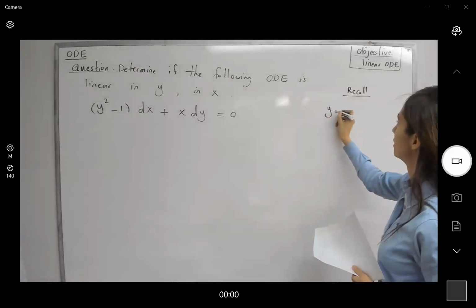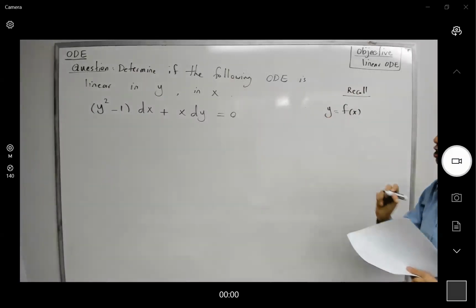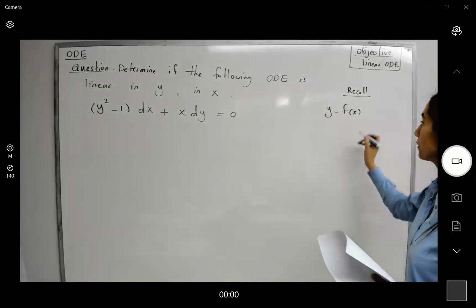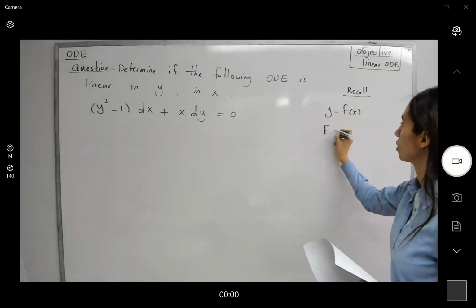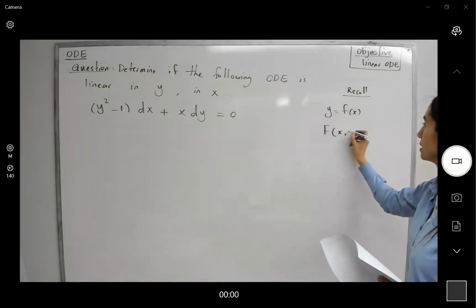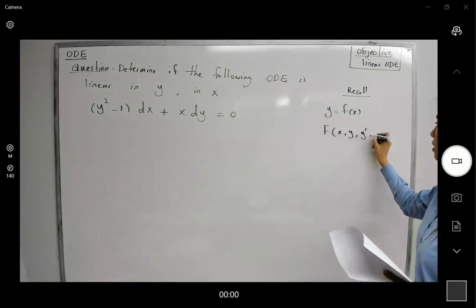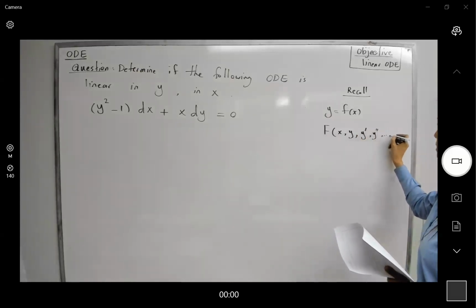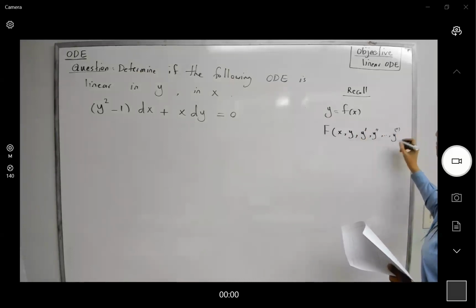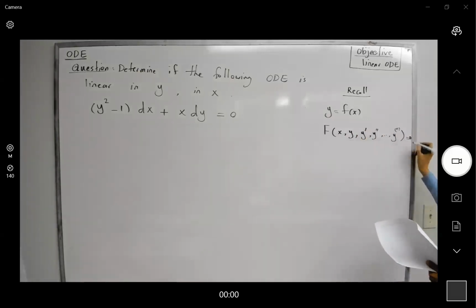If y is a function of x, then the nth order differential equation is written this way: f of x, y, y prime, and the rest of the derivatives. Suppose you have the nth order differential equation, so we are including y with order n.